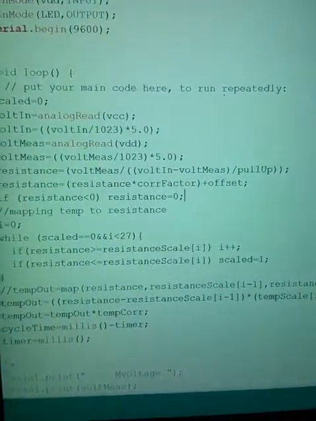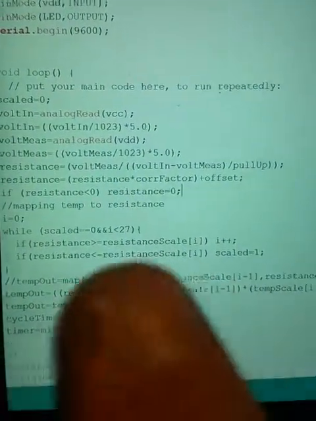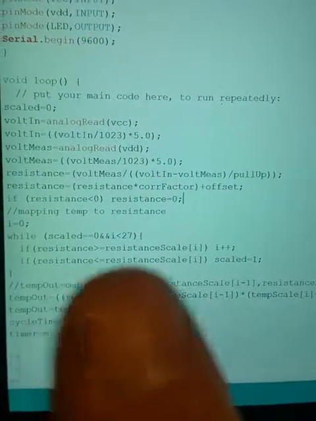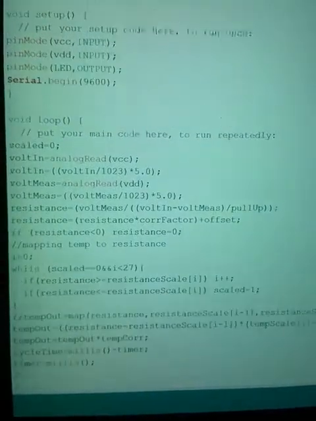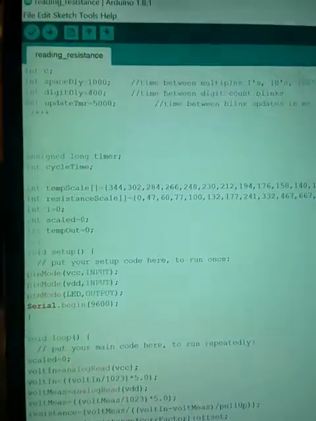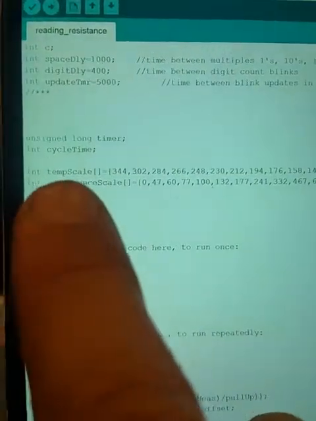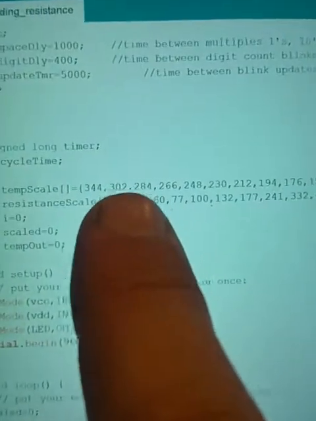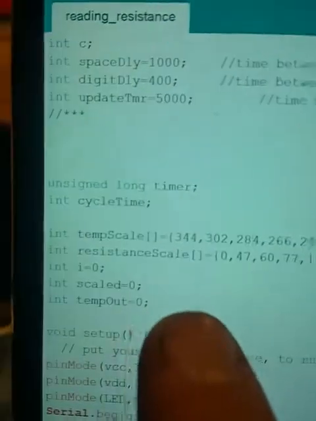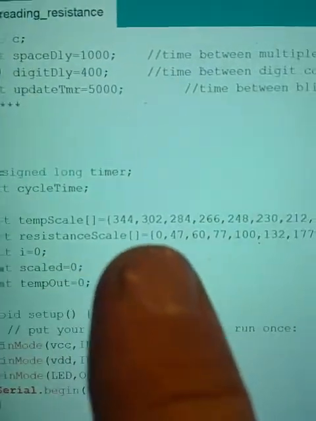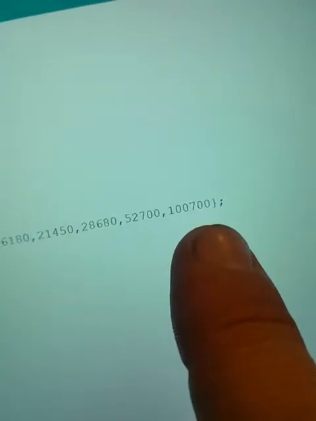And then this right here looks up on the temp scale that I defined earlier. Up here I defined my temp scale, which goes all the way up to 344 degrees and goes down as far as, I think, negative 40. And then the resistance scale for the temp sensor is anywhere between 0 ohms and 100,000 ohms, which I don't even read down that far.